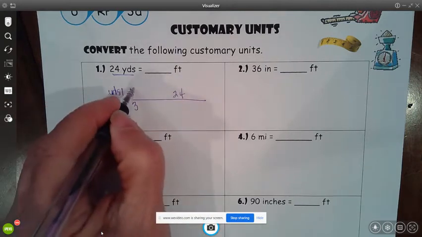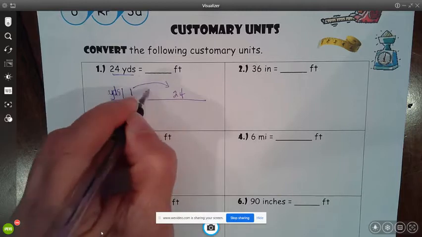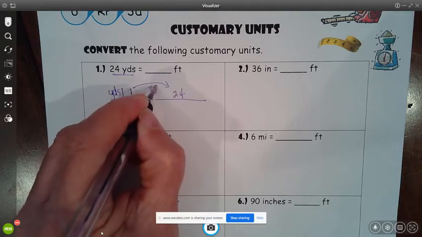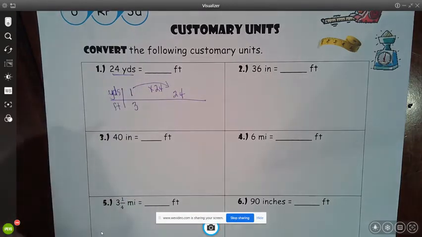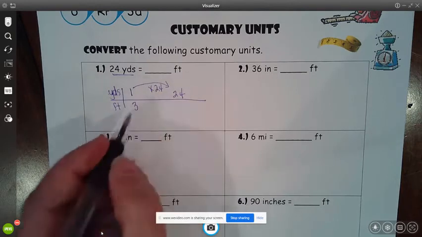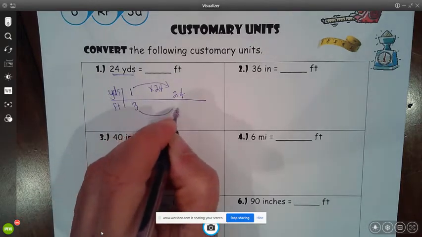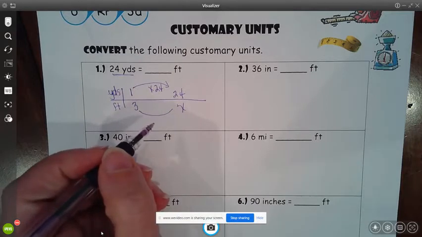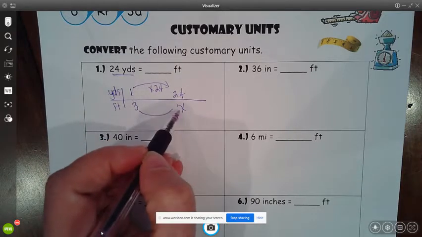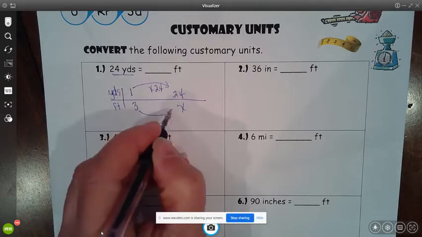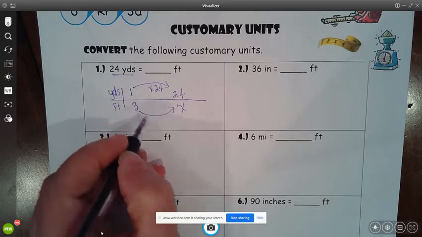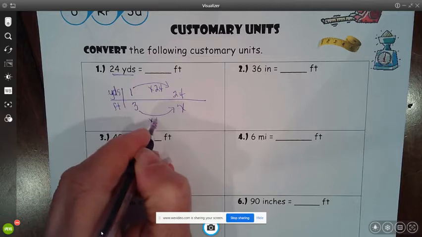Then I notice that I can use a scale factor of multiplying by 24. And what I do to the top, I can do to the bottom. And I usually put an X here. X just represents a number that I don't know yet. And so we're going to take this and multiply it by 24.